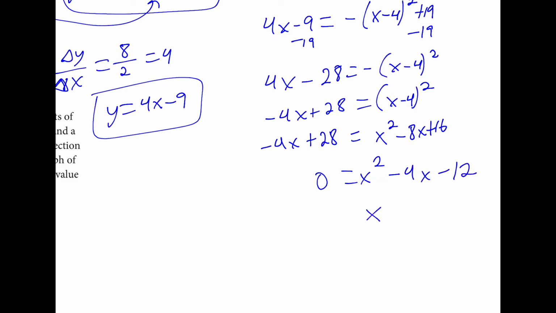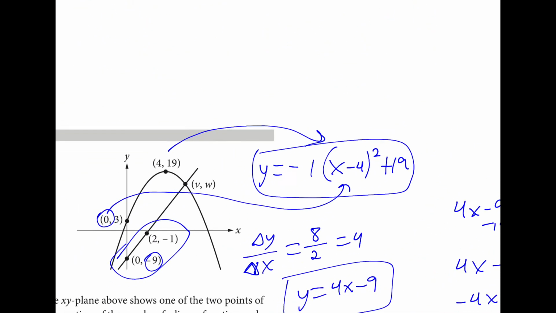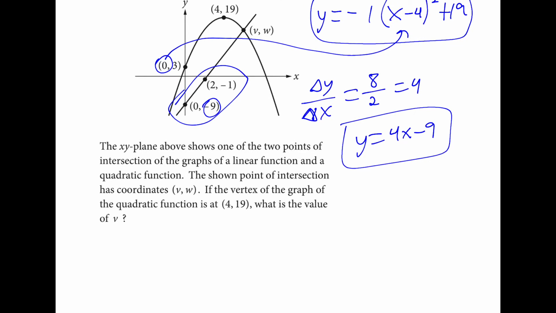So I'm looking for factors of 12 that differ by 4: 6 and 2, x minus 6 and x plus 2. So my two factors are 6 and negative 2. The one that shows up here, v, is going to be equal to 6.